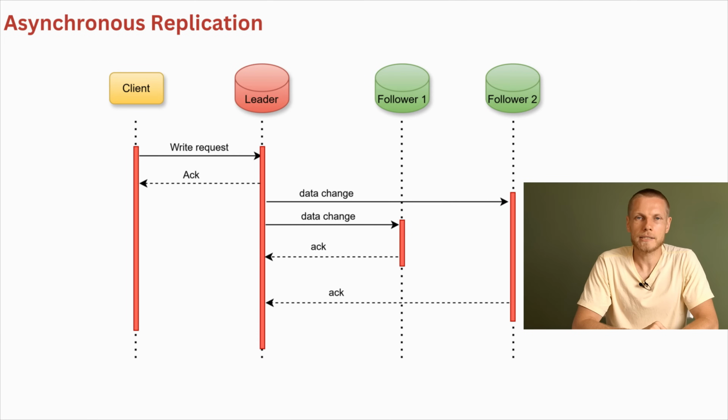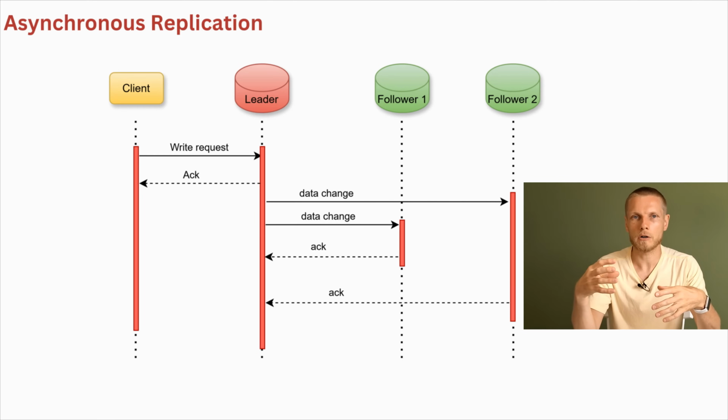To mitigate the drawbacks of synchronous replication, we could use asynchronous replication. In that mode, the leader will acknowledge the client write immediately, and then it will asynchronously replicate the changes to followers. By this, we immediately solve the performance problem because now the response time of the system will not depend on any follower.